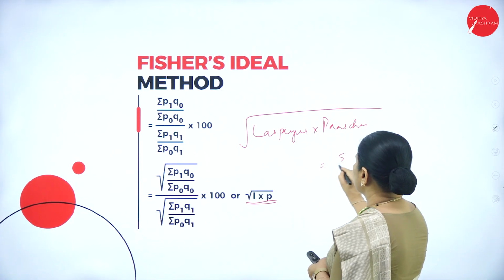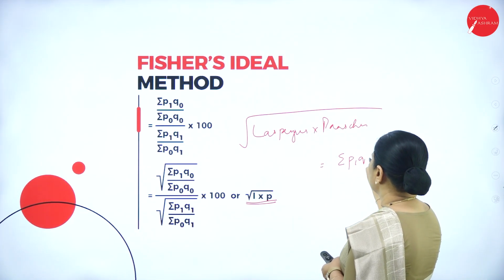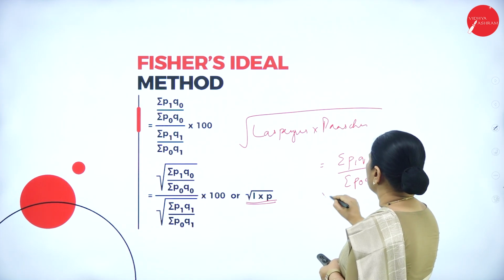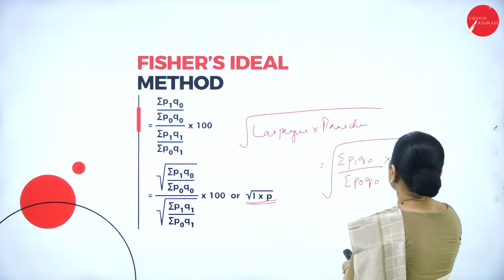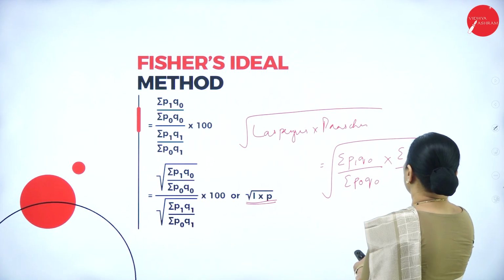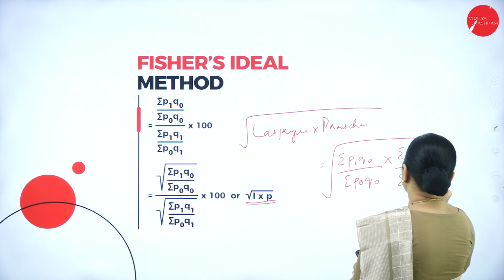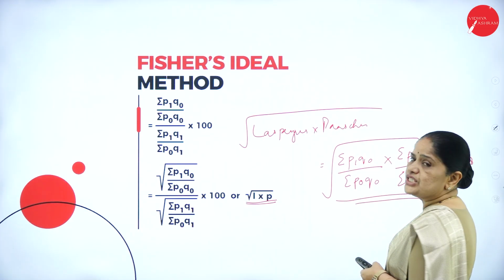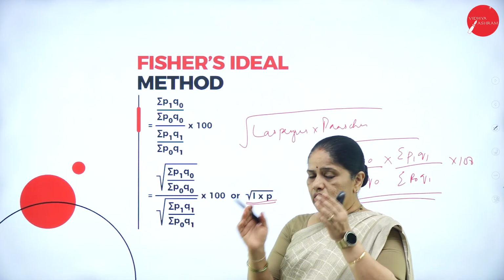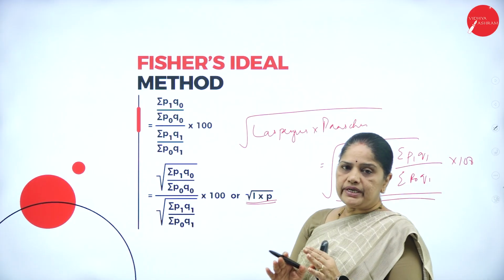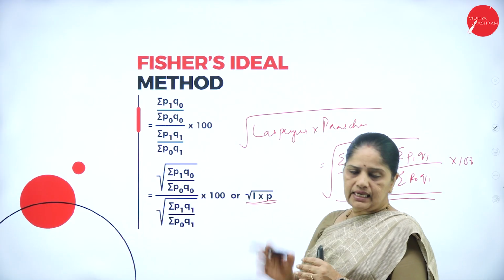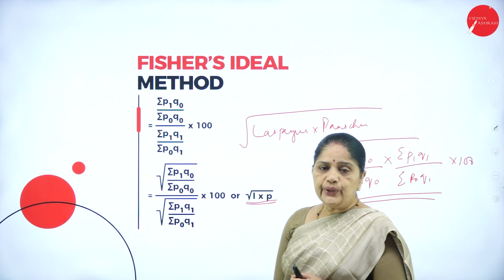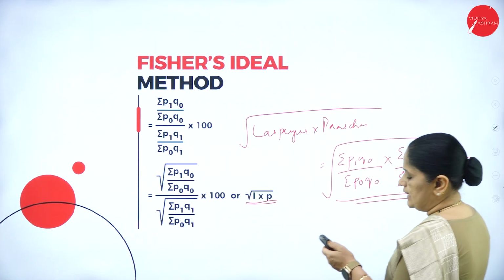In other words, it is the square root of summation P1Q0 divided by summation P0Q0, into summation P1Q1 divided by summation P0Q1, into 100. This we call Fisher's ideal index number. So he has combined both Laspeyres' and Paasche's and taken the root of that, and whatever number we get, multiplied by 100, is Fisher's ideal index number.